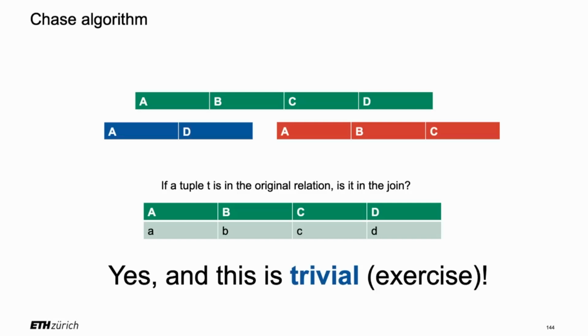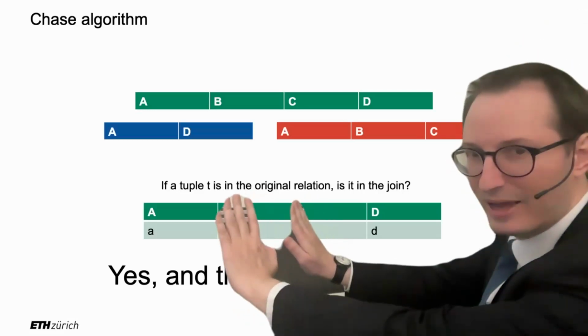In fact, this one is trivial. That is the easy part of the proof. It's just because of the way you project, right? Let's take this tuple. Let's imagine we have a tuple ABCD in the original table. Do you agree that that tuple is going to be projected on the two sides? On the left, you're going to have this, A and D, right?